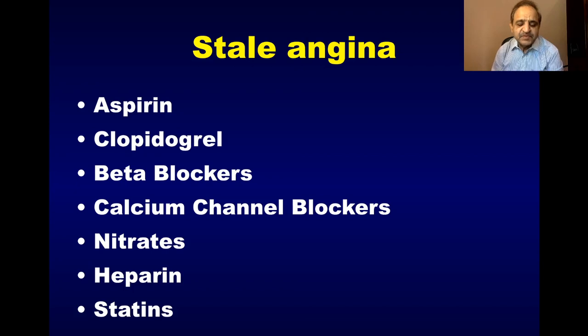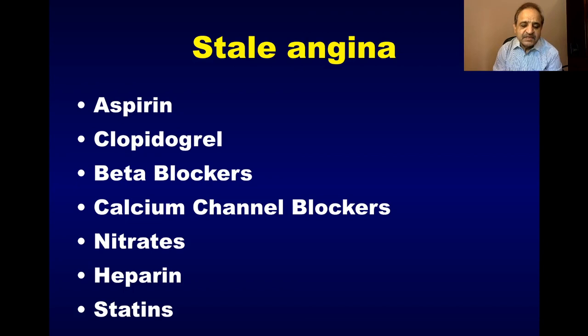And heparin is to be used only when your patient is having repeated episodes of chest pain, so that you want to halt the progressive thrombus formation, and then you give intravenous heparin or subcutaneous low molecular weight heparin.